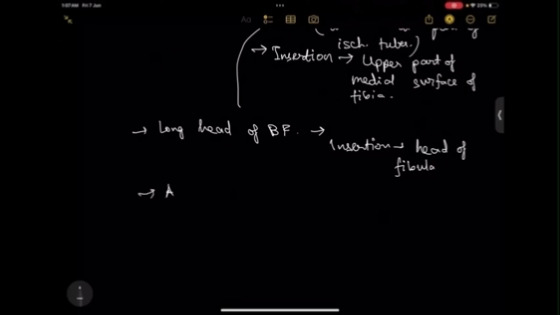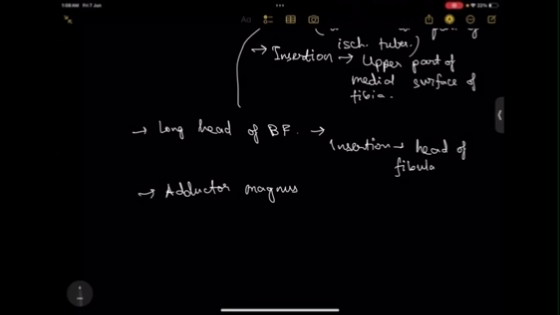Okay, and finally adductor magnus. Origin is from the external surface of the ischial tuberosity and from the inferolateral aspect of the ischial tuberosity.